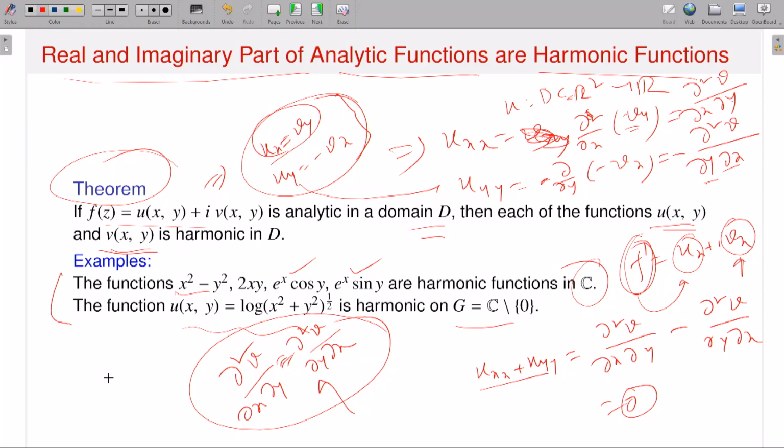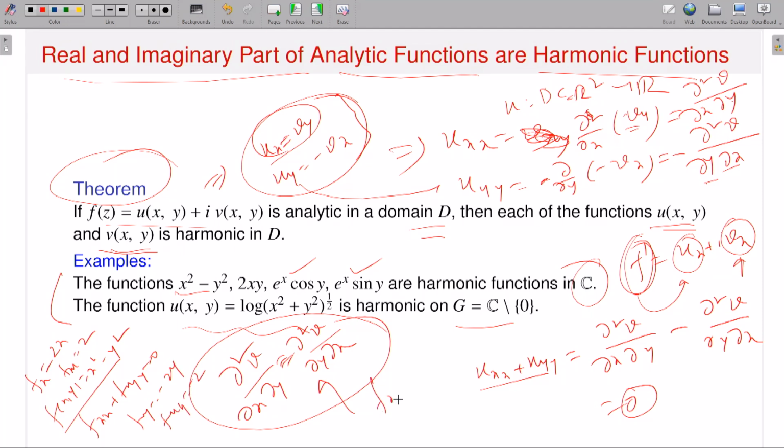Say my function is f of xy, which is x square minus y square. I have to check whether this is a harmonic function or not. You have to check that all the second order partial derivatives exist and are continuous, but this is a nice function. It is a polynomial in x and y, so all order partial derivatives exist and are continuous. You just have to check whether f_xx plus f_yy is 0 or not. f_x gives 2x, and f_xx gives 2. f_y is minus 2y, and f_yy is minus 2.